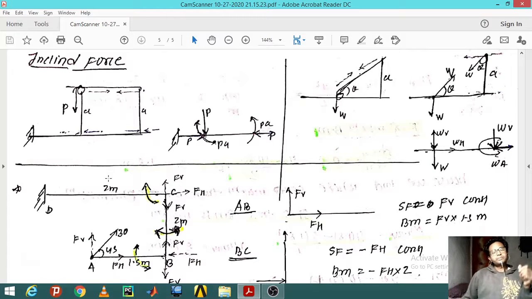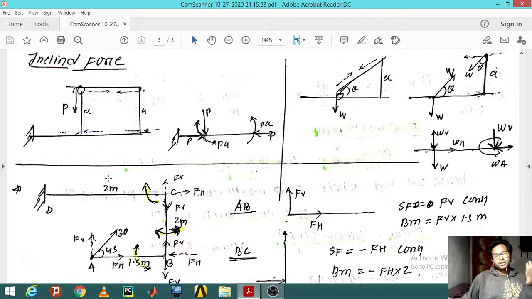Here are a few examples which I have taken from different books, which show the different orientation of different forces and how they vary. Here is a cantilever beam, and at the end point of that cantilever beam we have a vertical lever, and at some distance it has another lever with a pulley.